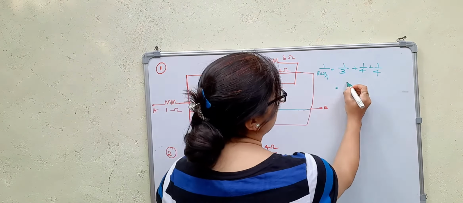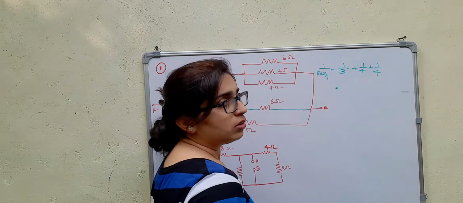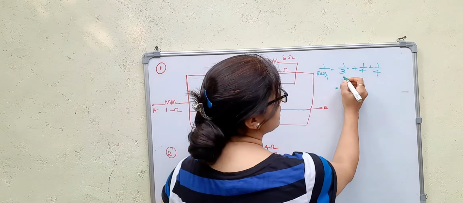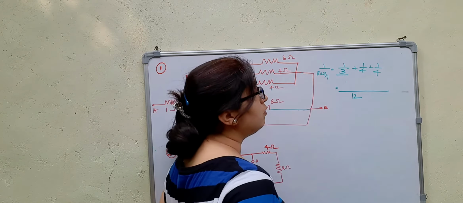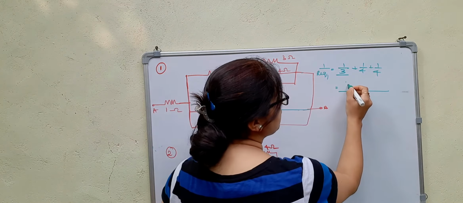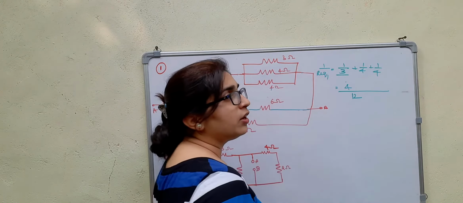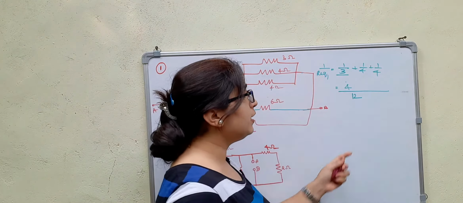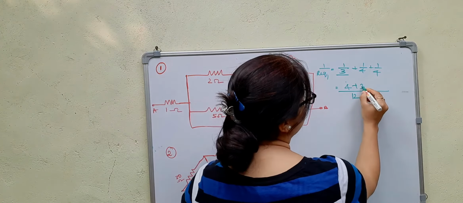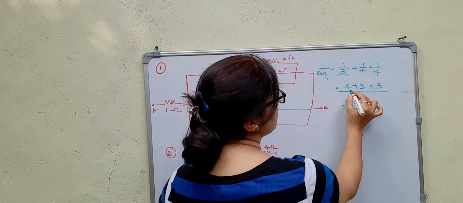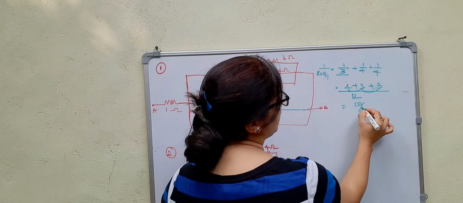So 1 by 3, I will consider denominator 12, then it will be 4, right? Into 4, then only I will get denominator as 12. So 4 plus 3 plus 3, so it will be 7 plus 3, 10 divided by 12.